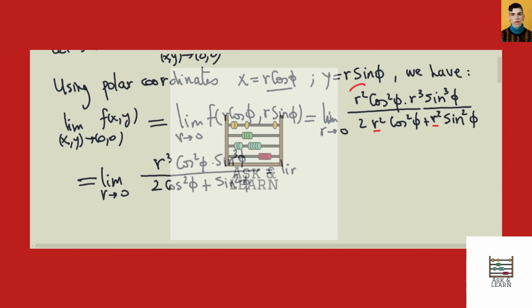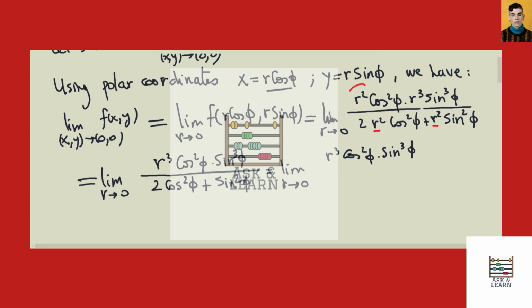And in the numerator, we have r cubed cosine squared of phi times sine cubed of phi.